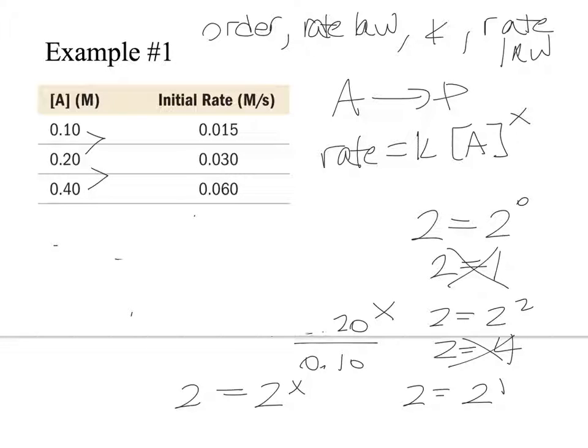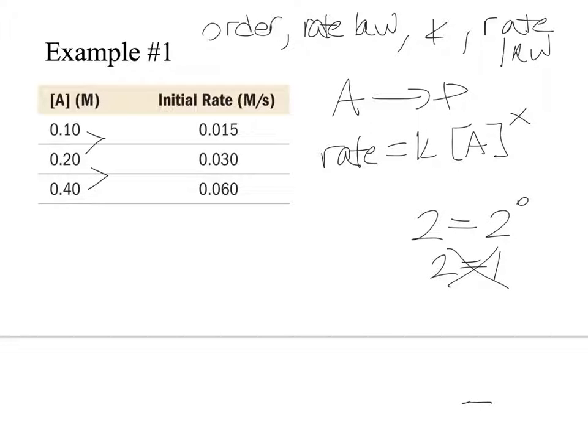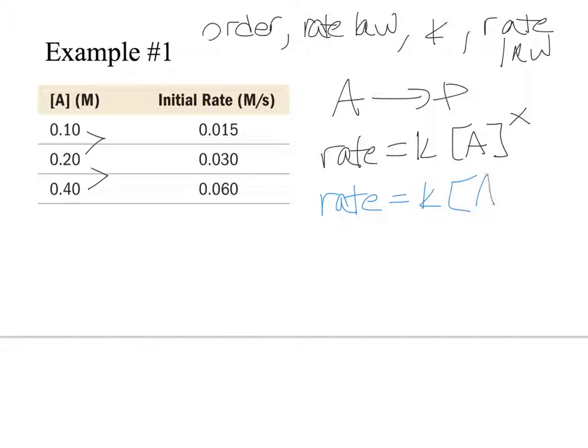Okay. So let's go ahead and erase here. All right. We'll write rate is equal to K times A. And if it's raised to the first power, it's the same as the concentration by itself, so we don't need to write that 1 in there.